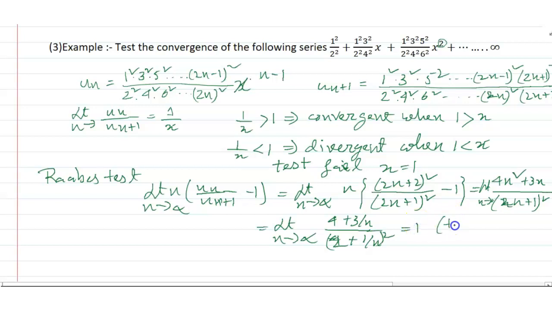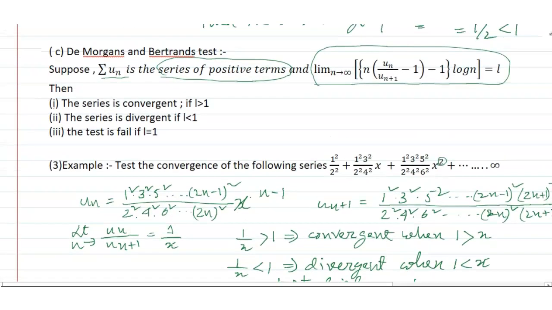So the test fails. So therefore if two tests fail, D'Alembert and Raabe's test, now I will use this test. This test is called De Morgan's and Bertrand's test.